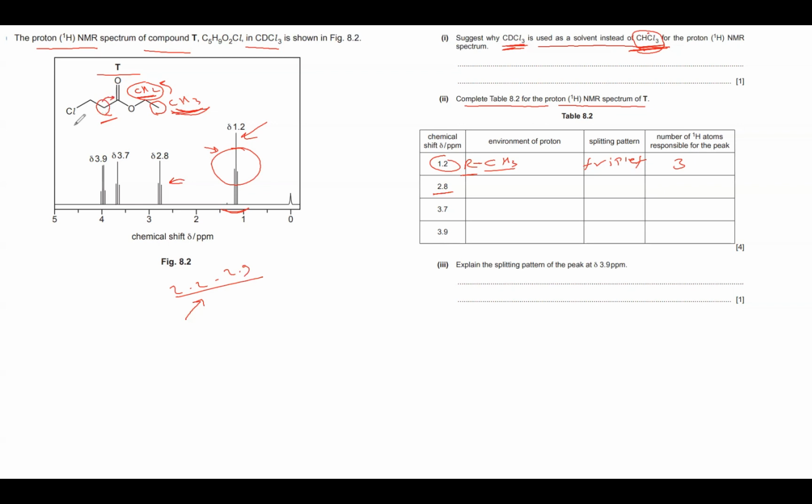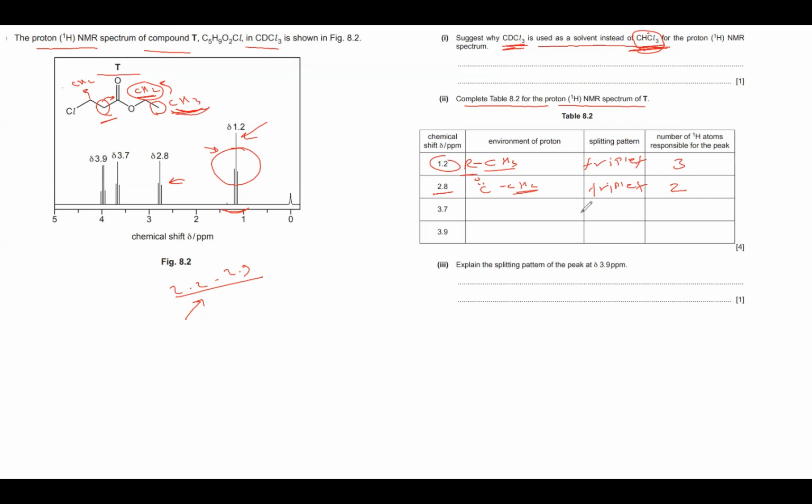That's why it gives a peak at 2.8. And it's also a triplet because here we have two hydrogens on this carbon, CH2. The rule is N+1, so we have a triplet. So you can write COCH2, a triplet, and the number of hydrogens responsible is two hydrogens.